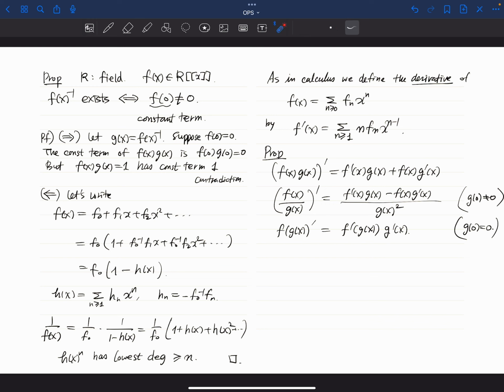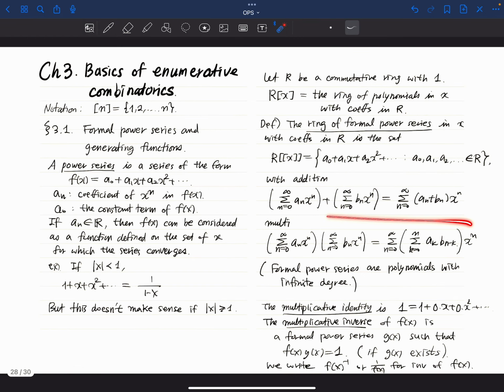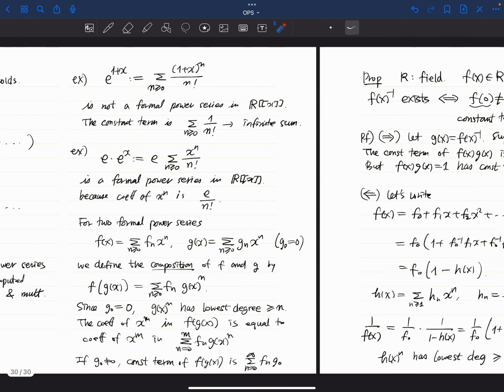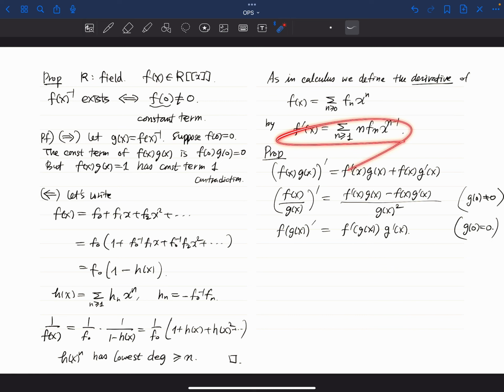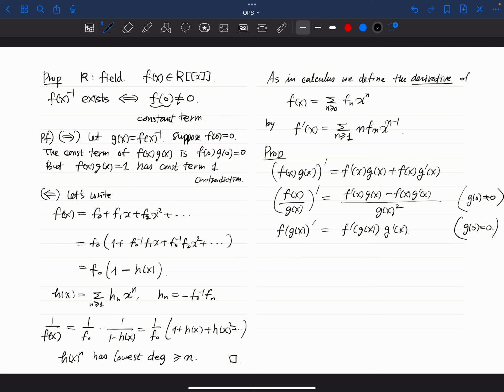Okay, so I'm not going to prove this, but they can all be proved purely formally, using only these axioms and the definition of the derivative. So these can be useful when we compute generating formal power series and do manipulations.